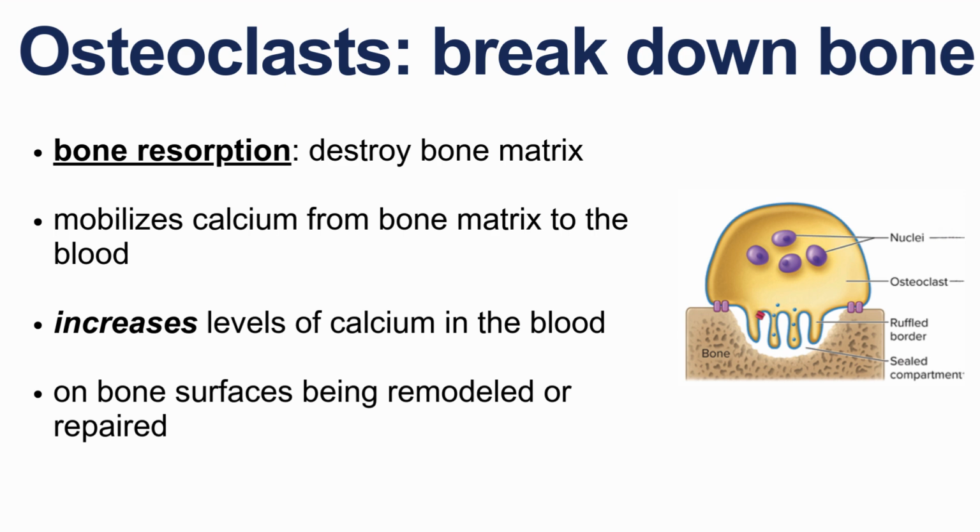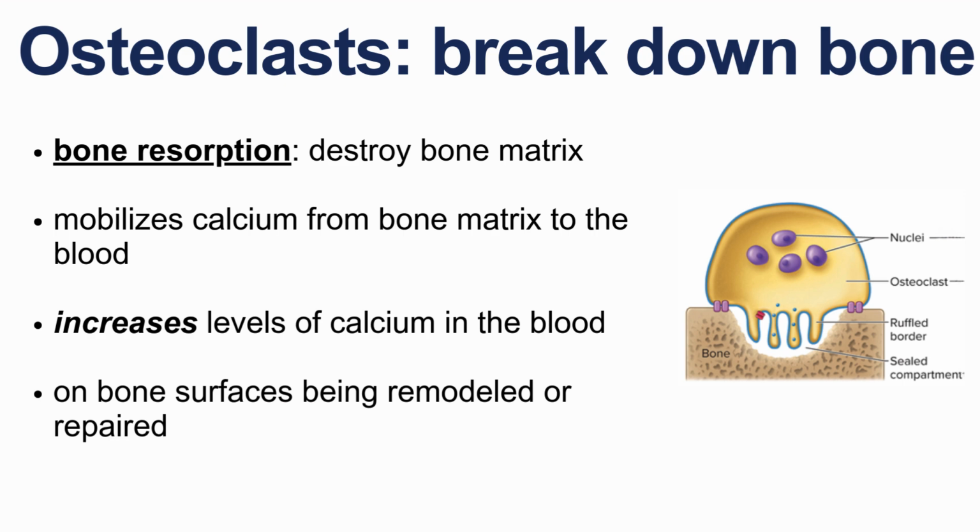Osteoclasts are located on bone surfaces where remodeling or repair is needed. Think of them as demolition crews, clearing away old or damaged bone so new bone can be laid down. The coordinated action of osteoclasts and osteoblasts allow bones to stay strong, flexible, and properly shaped.